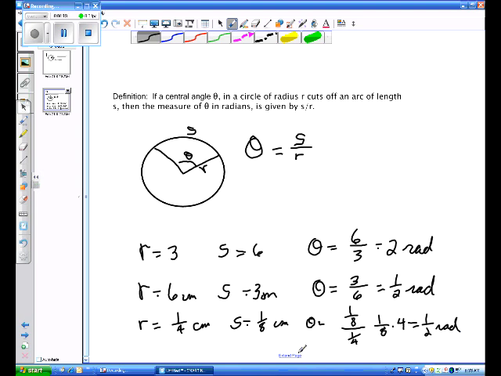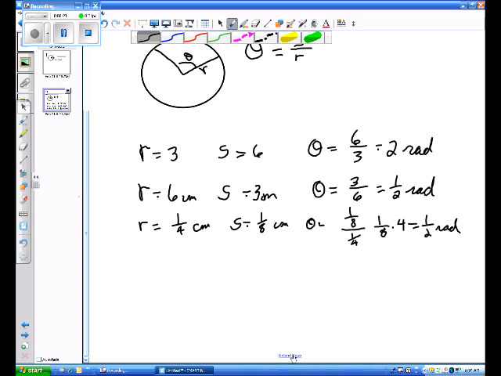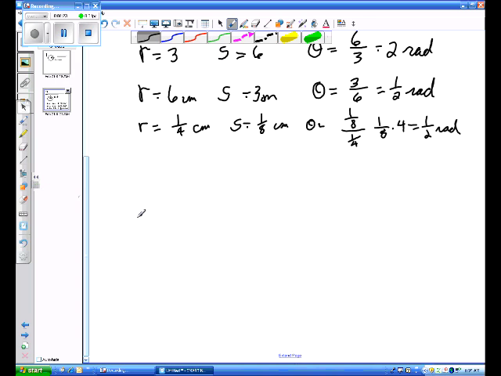Now, if we took a circle, and let's just say that the radius is r, and our arc length is the circumference. And we know that a formula for the circumference of a circle is 2 pi r.